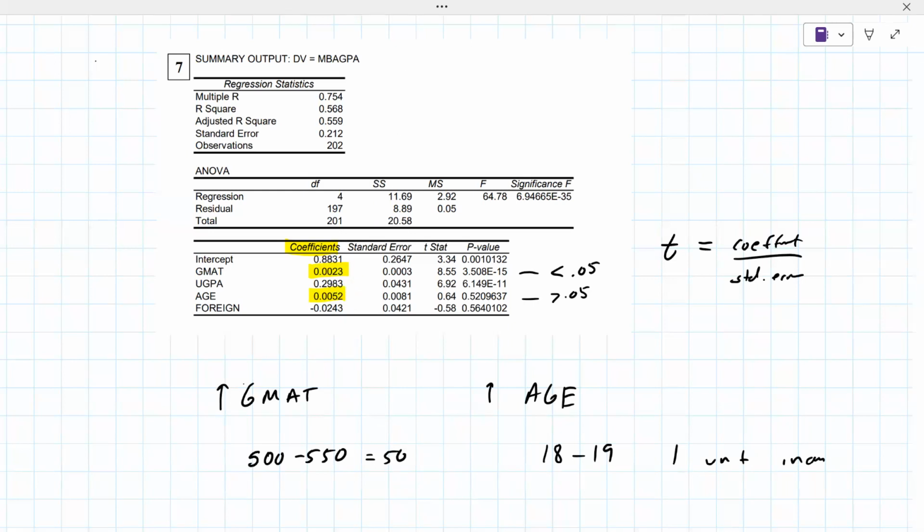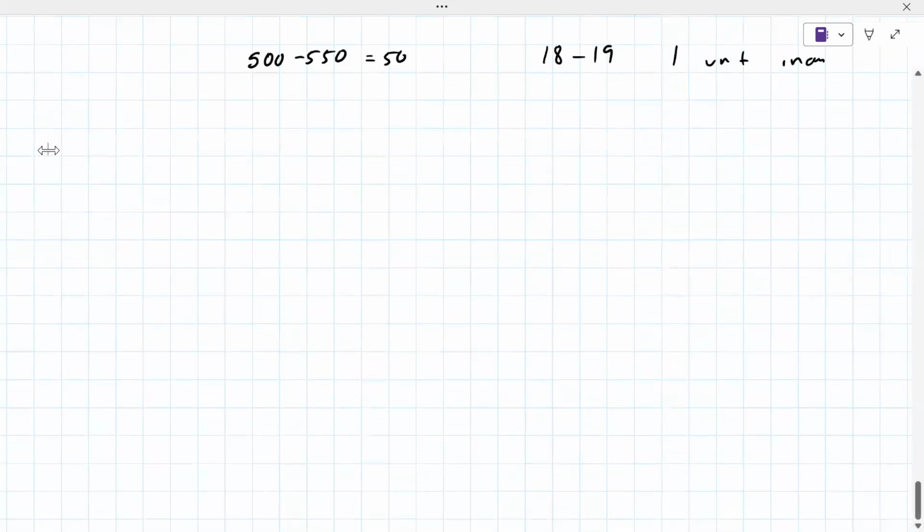Okay. So real quick, what is the coefficient? How would you break that down? Yeah, let me reset here. Grab this table again.